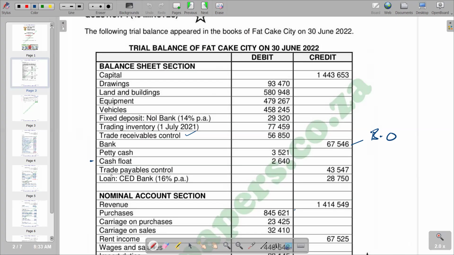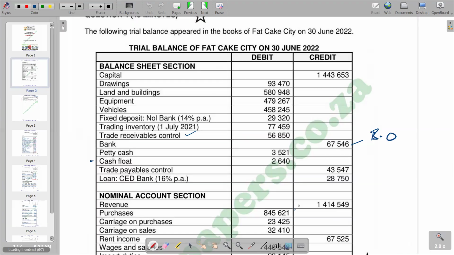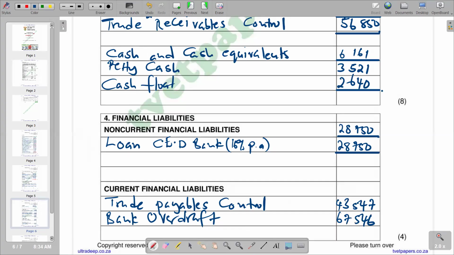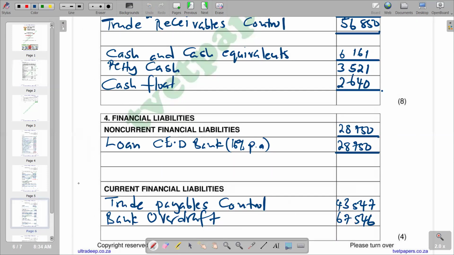Check if you still have any other, $67,546. So basically, this is what we have. We check again if we see any other current liability. We see that we've exhausted the current liabilities that we have, but obviously we need to add the two.